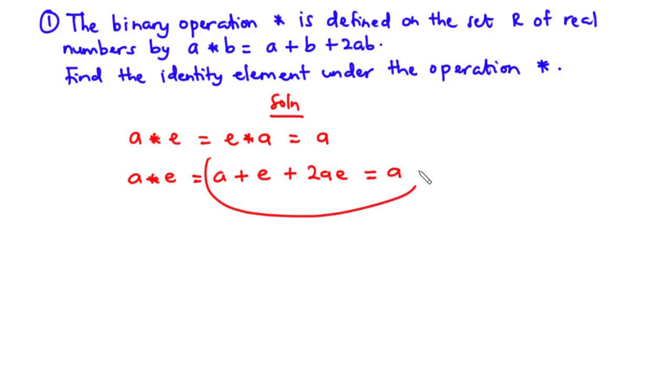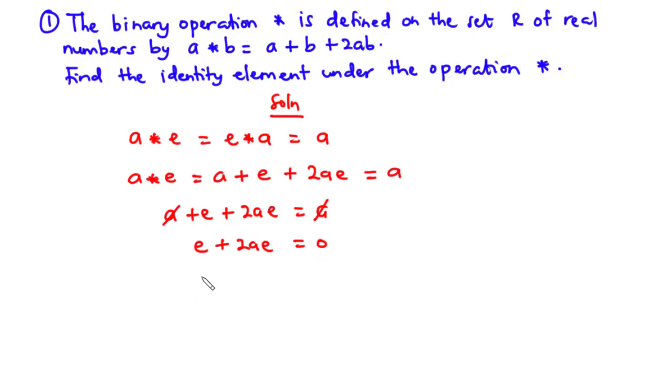Now let's focus on this. A plus E plus 2AE equals A. Now because we have A on both sides, we can cancel out A, and then we have E plus 2AE equals 0. Because we want to find E, we can factor out E. So we have E into bracket, E times 1 is E, and then E times 2A is 2AE, so E(1 + 2A) is equal to 0.